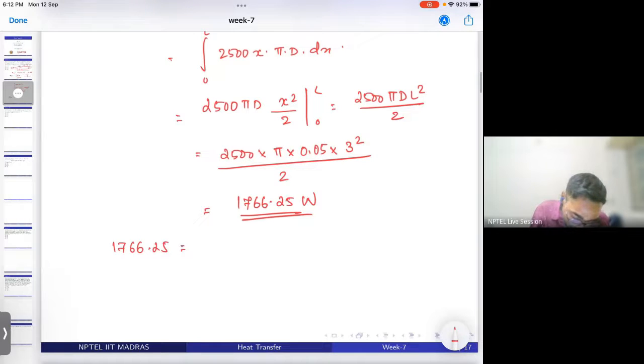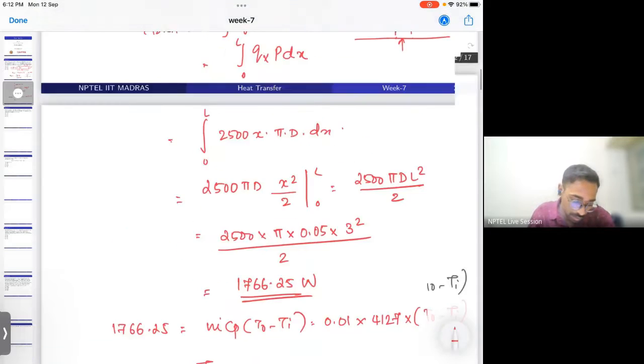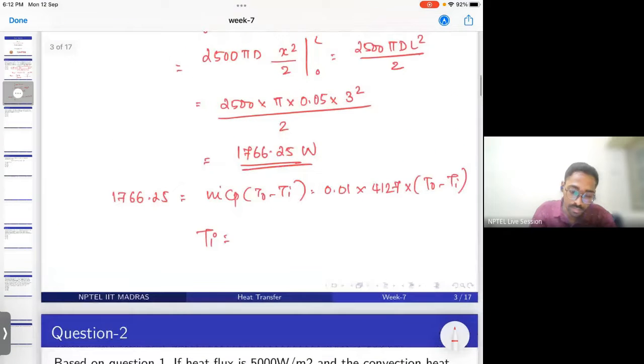So just substitute this into the expression: 1766.25 is equal to m dot Cp into To minus Ti. M dot is given as 0.01 and I am taking Cp as 4127, into To minus Ti. So what is To? You can easily calculate: 1766.25 divided by 0.01 times 4127, plus the initial temperature 20, gives 62.8 degrees Celsius.